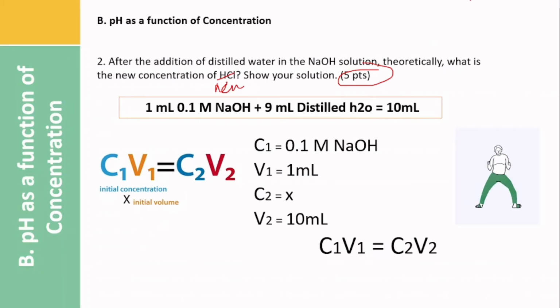Okay? So, ang ating given is the 1 ml of your 0.1 molar sodium hydroxide solution. And then, meron tayong 9 ml na distilled water. So, meron tayong 10 ml solution. Ang gagamitin nating formula is C1V1 equals C2V2, the initial concentration times the volume. So, ang ating C1 is your 0.1 molar of sodium hydroxide. Next naman, the volume is 1 ml.